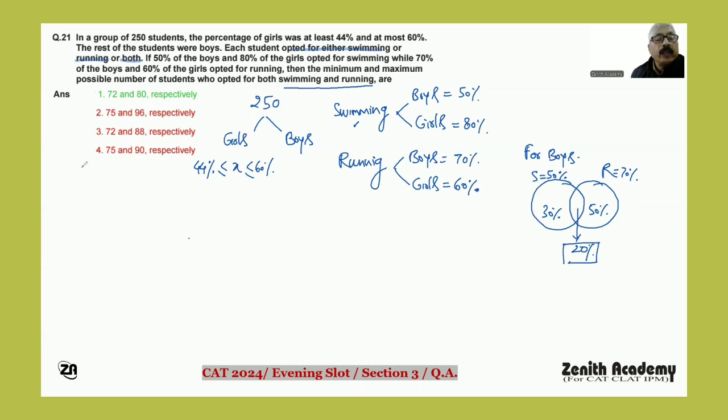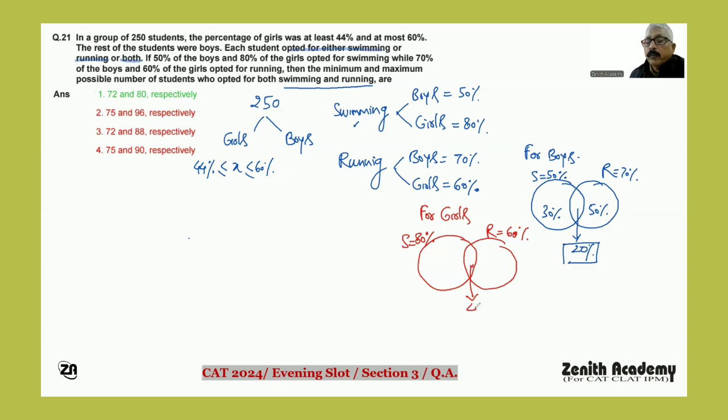Same way for girls. Swimming 80% and running 60%. So swimming and running, 80 plus 60, 140. It means 40%, the amount more than 100.